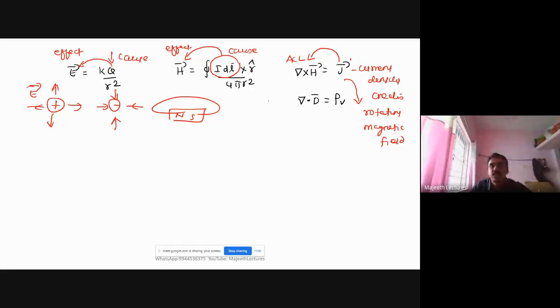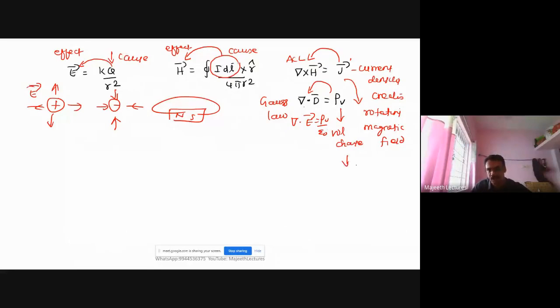Here you see this is Gauss law. What is it telling? Rho V is charge density, volume charge. Volume charge creates del dot D, divergence of D. D is nothing but E, so del dot E is equal to rho V by epsilon naught.